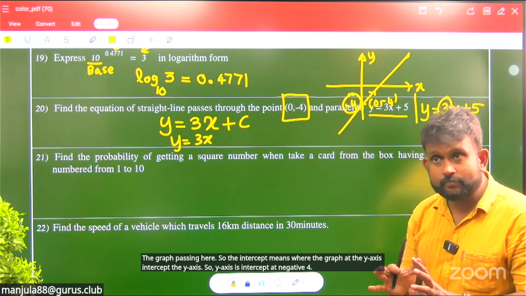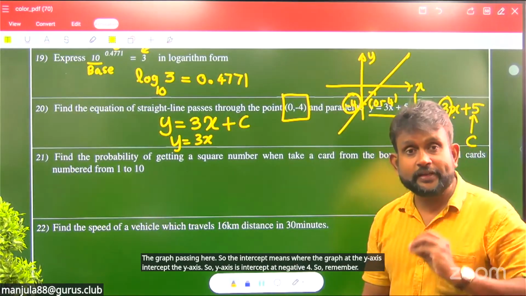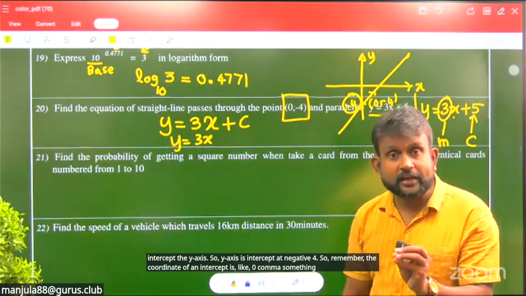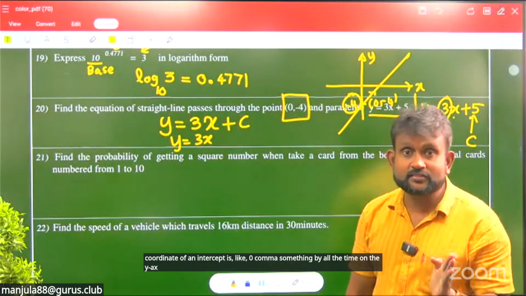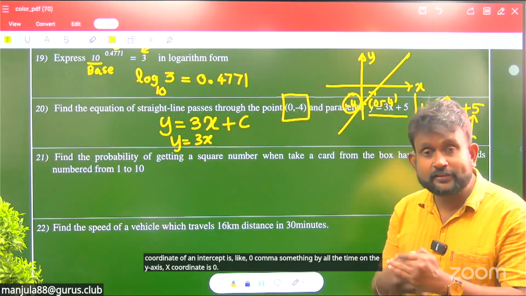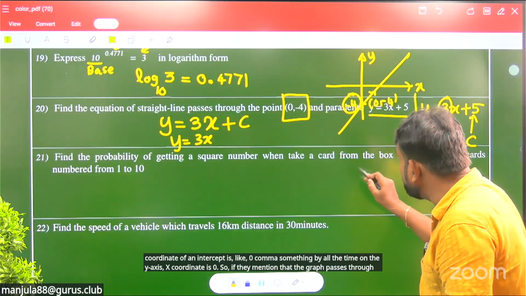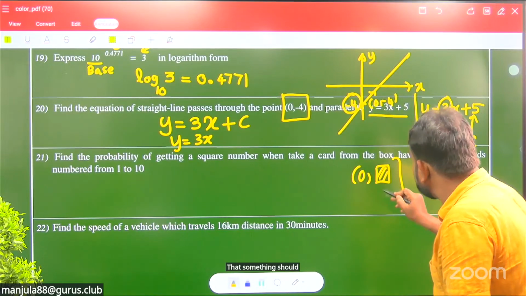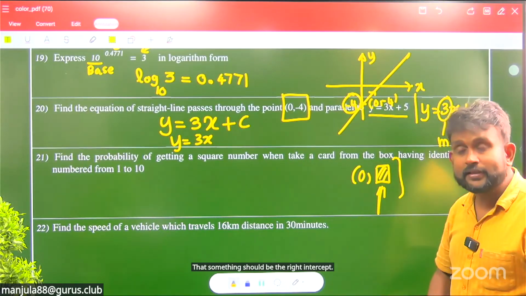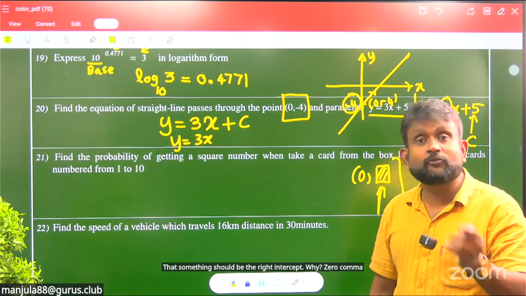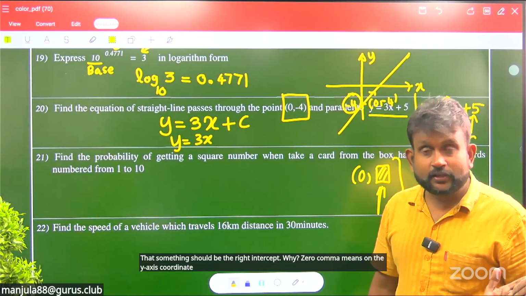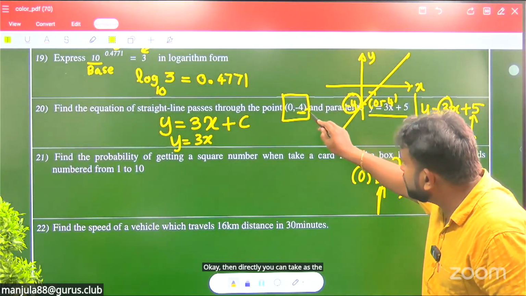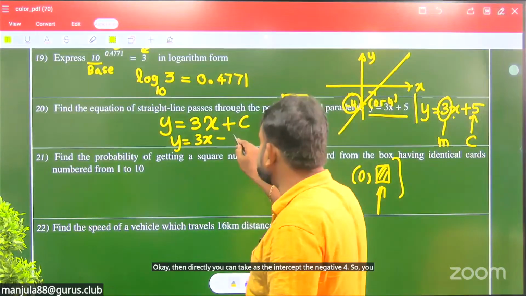Remember, the coordinate of an intercept is like 0 comma something. Why? On the y-axis the x coordinate is always 0. So if they mention the graph passes through a point 0 comma something, that something is the intercept. Directly you can take negative 4 as the intercept. So you write 3x minus 4.